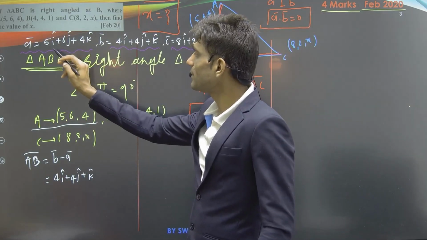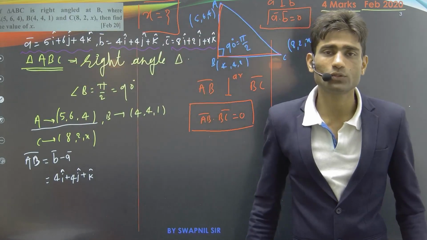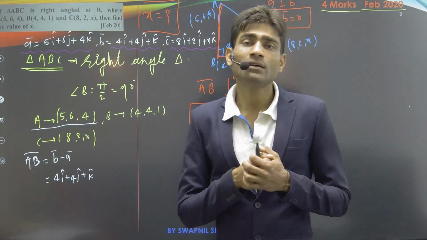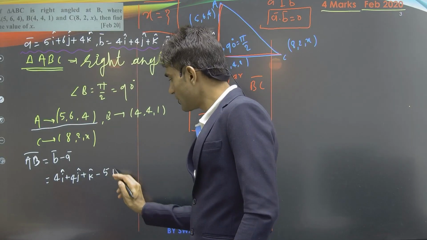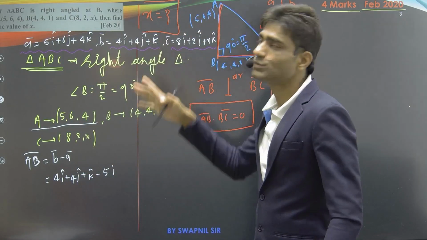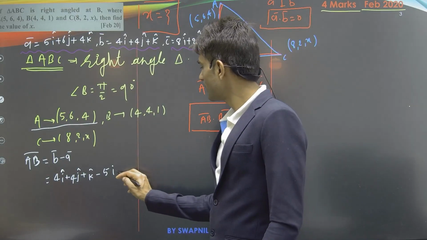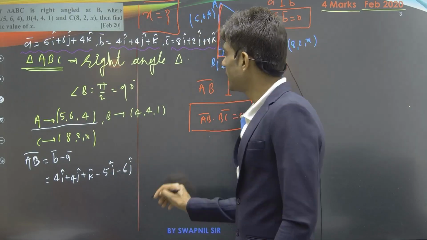Negative of A bar means negative of 5 I cap, negative of 6 J cap, negative of 4 K cap. Basically I multiplied the negative sign into the bracket, writing the negative directly inside vector A bar.